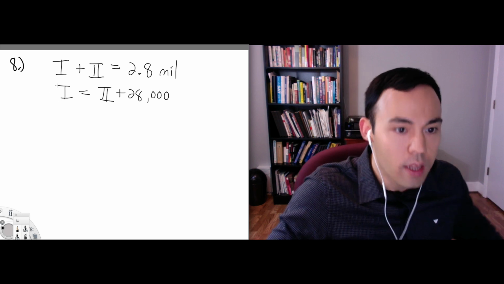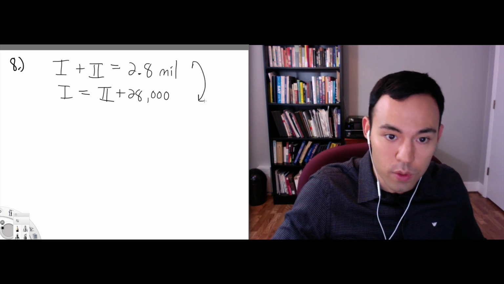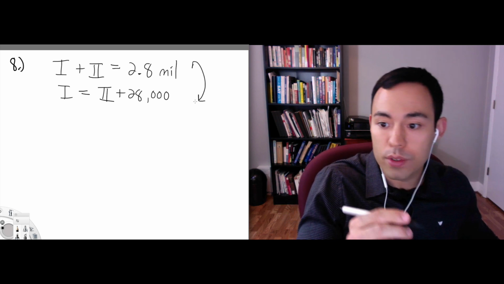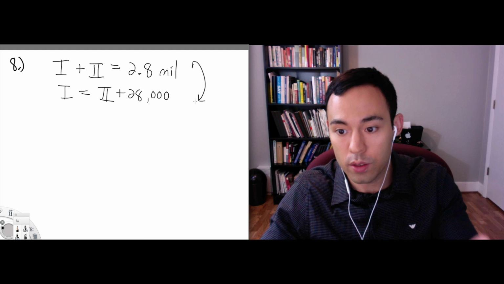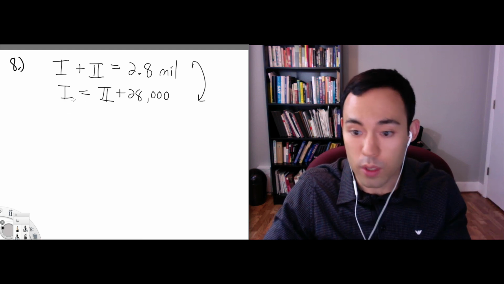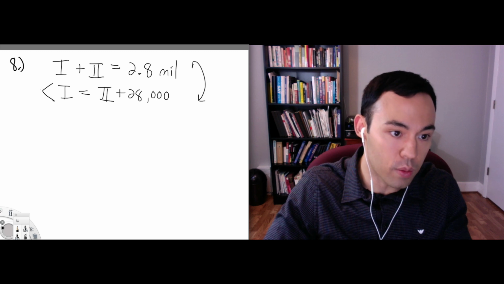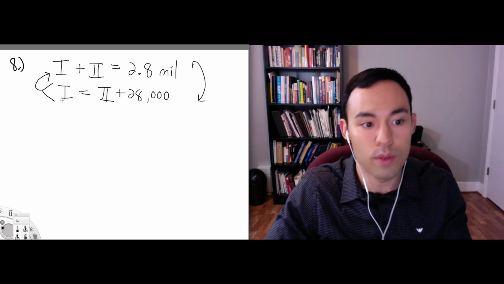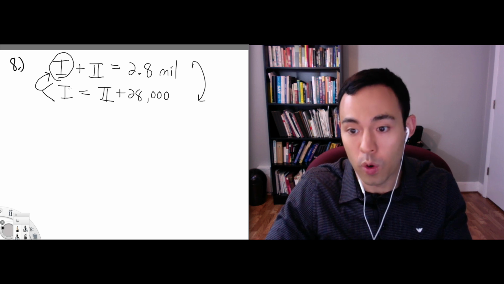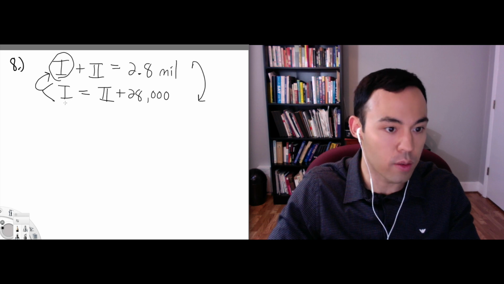So if you notice, this is a system of two equations. And just like on number 3, we have two unknowns, which are candidates 1 and 2's number of votes, and we have two equations. So that means we can solve by plugging one of the equations into the other. So here we have the variable Roman numeral I to stand for the number of votes candidate 1 got.